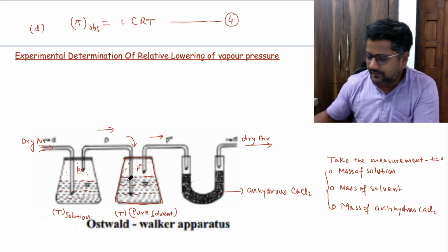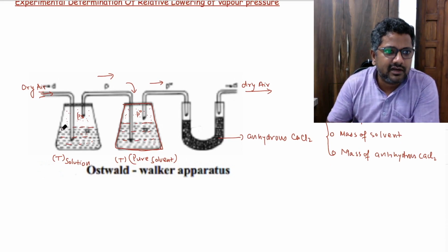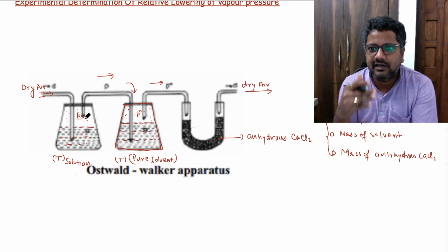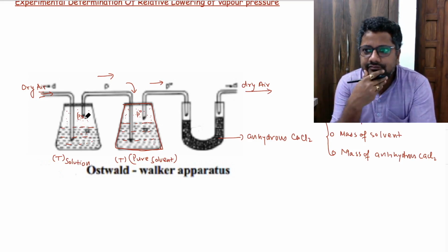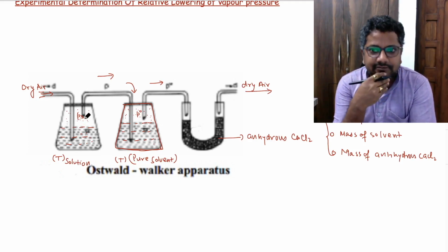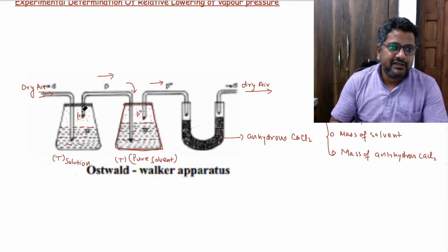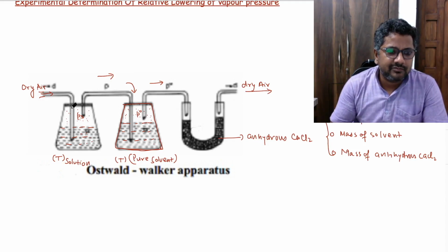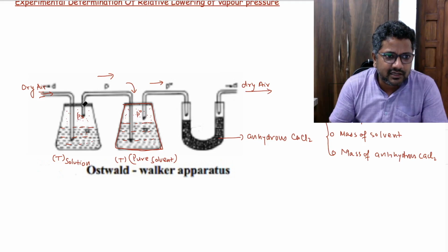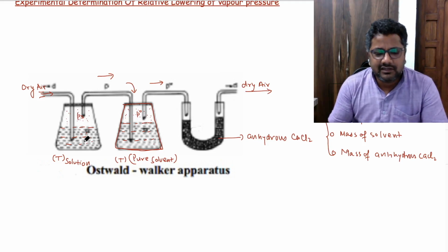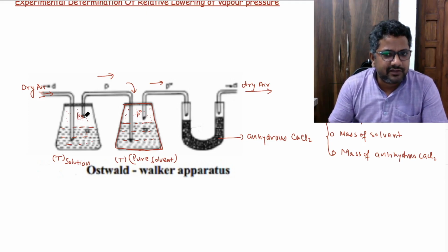So what will happen? Whatever loss in the mass of this solution we have observed, that is equal to the vapor pressure of the solution. Very simple, or not? Because the maximum quantity of water vapors is always maintained. Some liquid water will be reduced here when the air picks up vapors, but the maximum quantity at a given temperature, the vapor pressure, is always maintained.